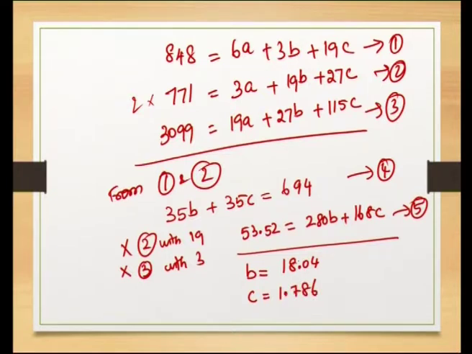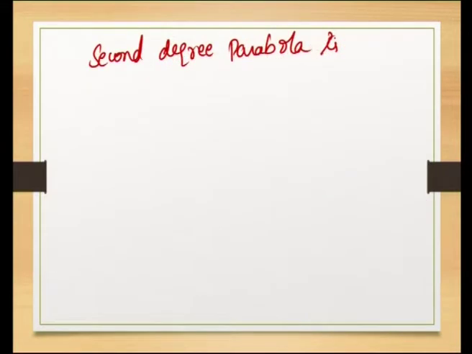Substitute this B value and C value in equation 1, and we get A is equal to 126.68. Okay. What happens? The equation now, therefore, of the second degree parabola is obtained just by substituting the A, B, C values.